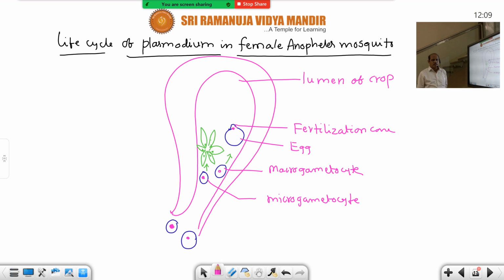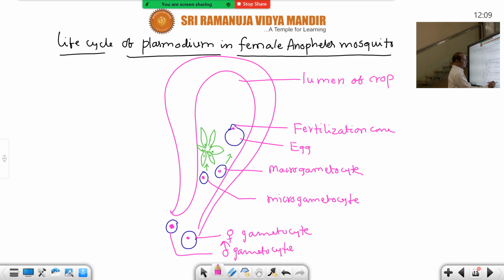This is the best precautionary measure. But in this case it is not possible. Both the sides we have to draw the diagrams and labeling also. So here also you can write female gametocyte or macrogametocyte, and male gametocyte or microgametocyte.